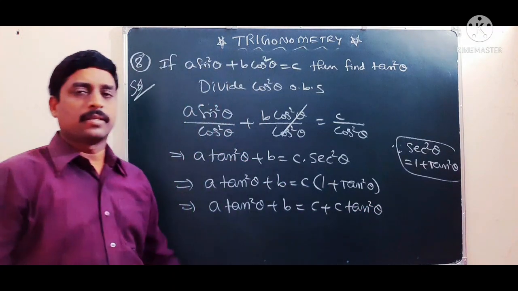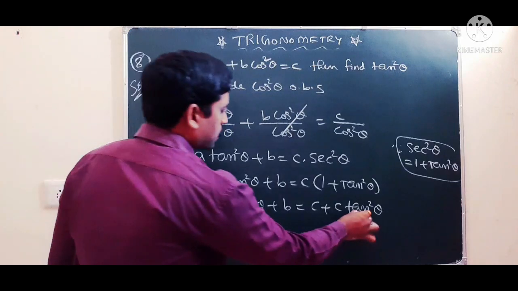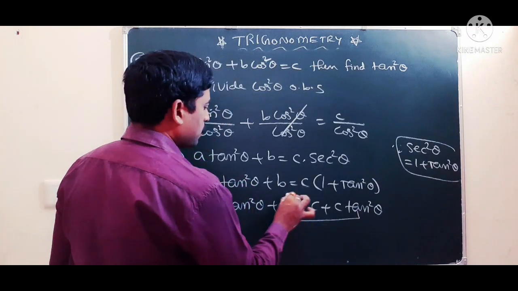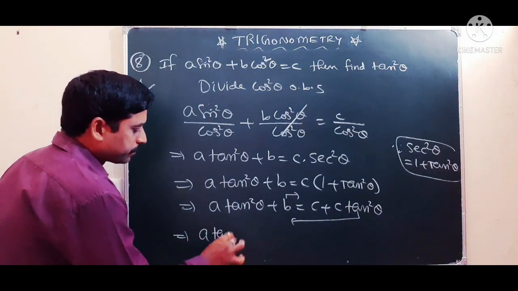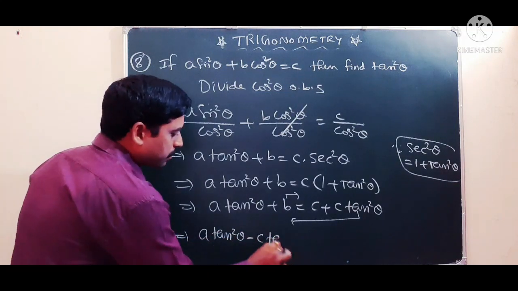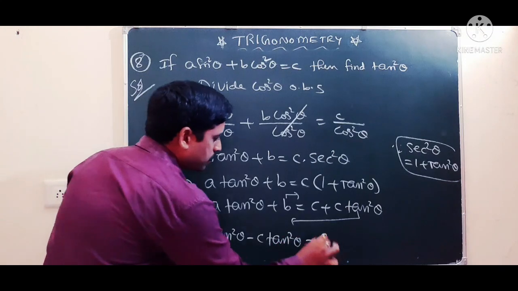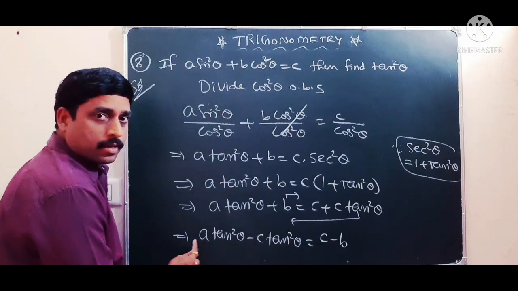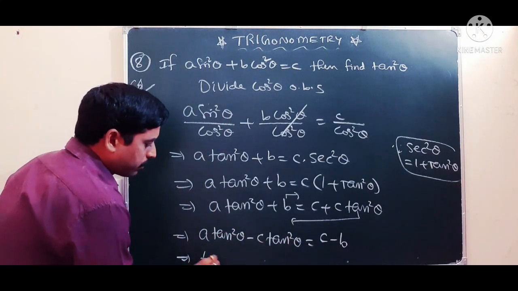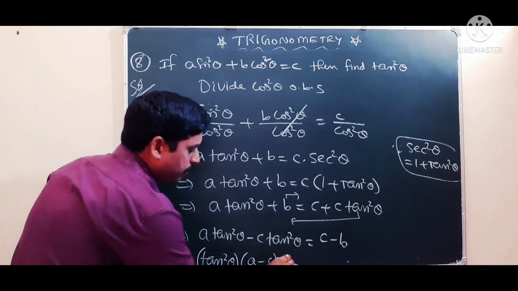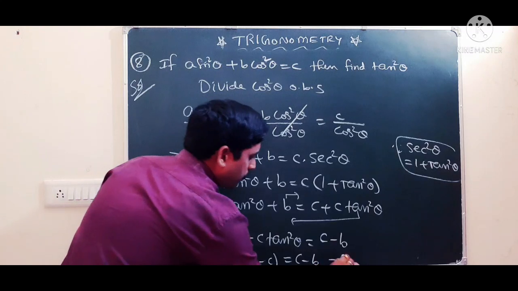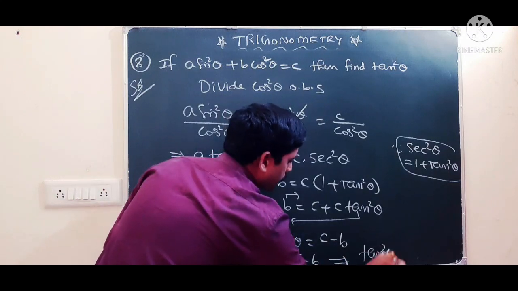But our target is tan square theta, so bring this c tan square theta to the left side and this b to the right side. A tan square theta minus c tan square theta is equal to c minus b. On the left side, take tan square theta common: it will be a minus c, equal to c minus b.